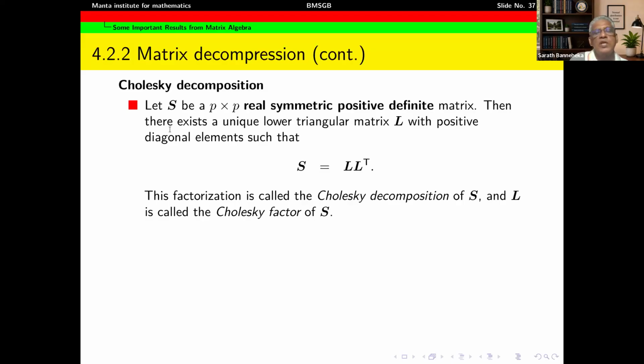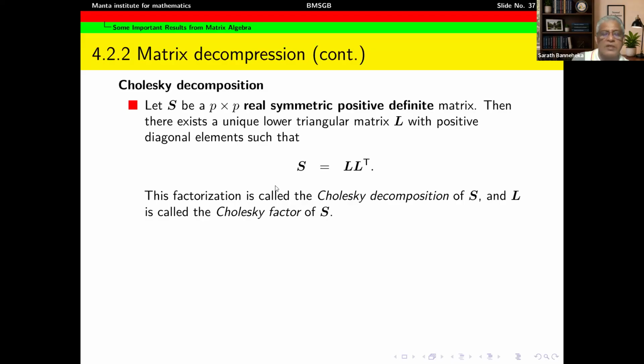Then there exists a unique lower triangular matrix L with positive diagonal elements such that S is equal to L L transpose. This factorization is called the Cholesky decomposition of S, and L is called the Cholesky factor of S.